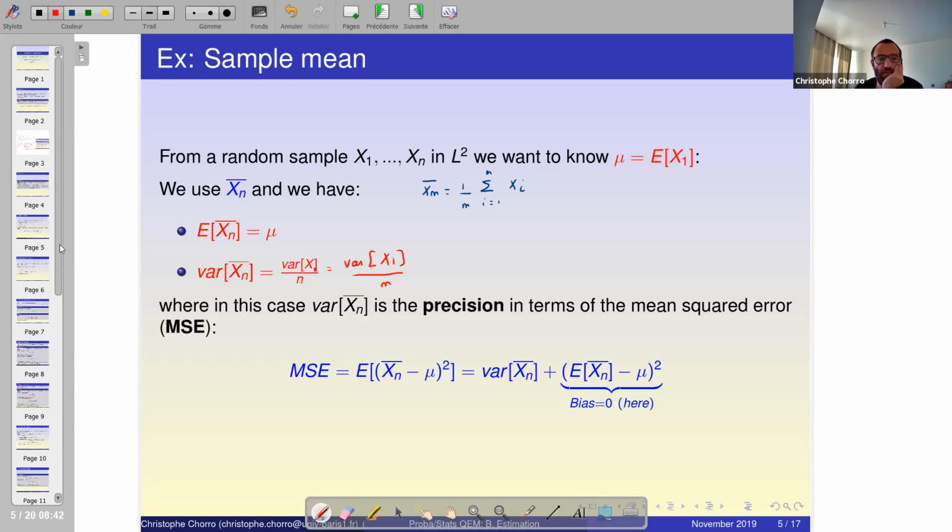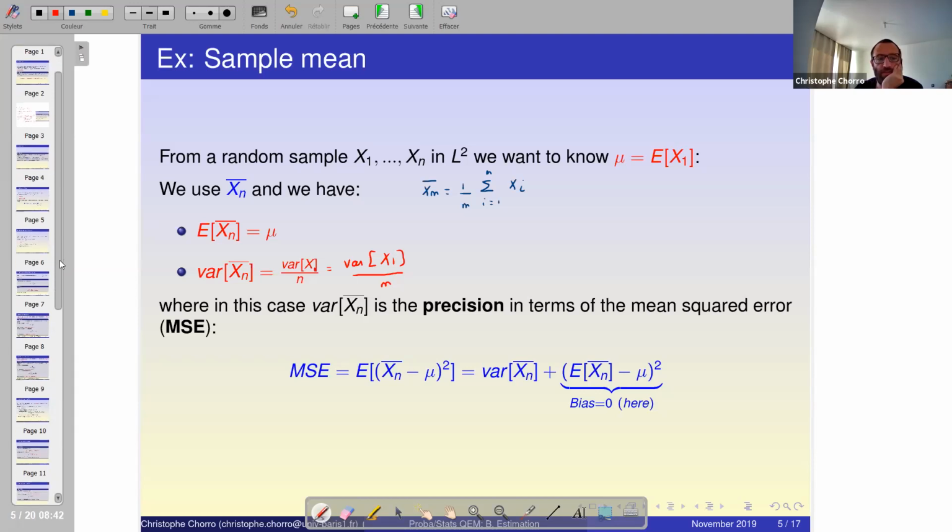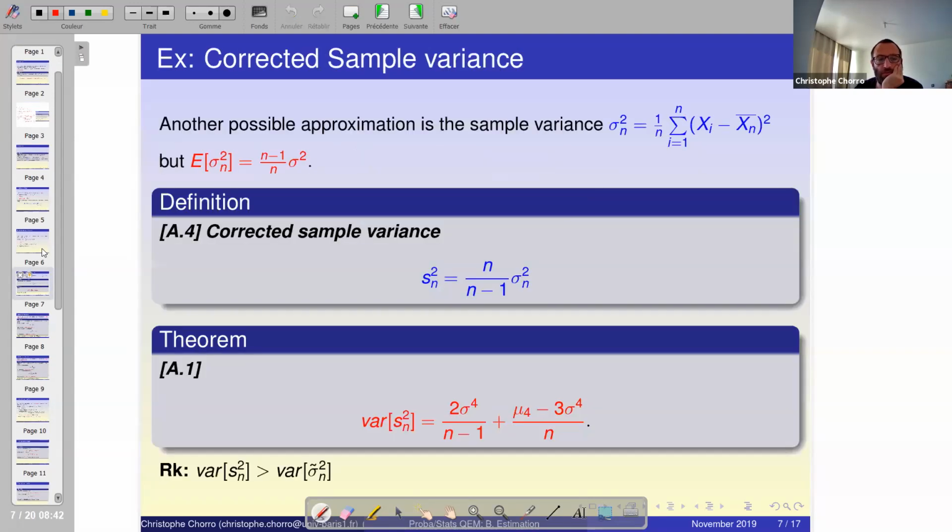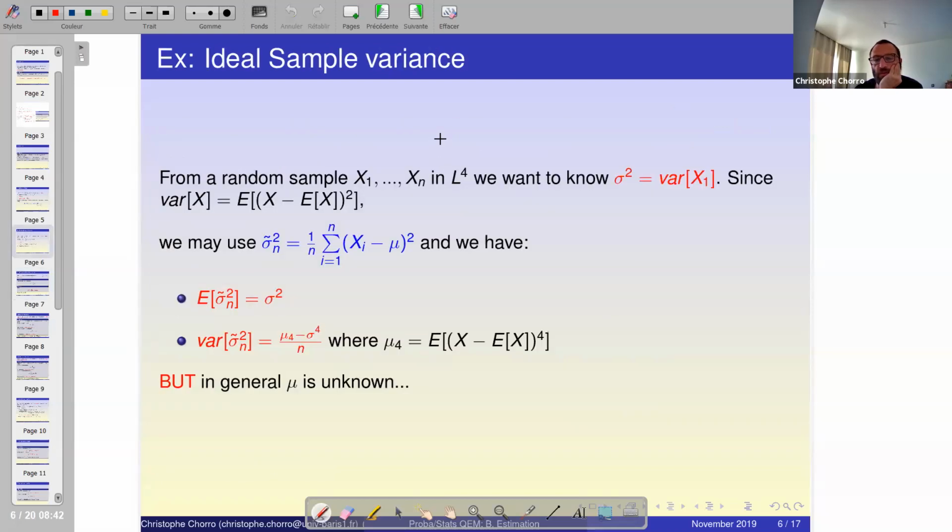So for the variance, we have introduced, in fact, 3 estimators. The first one was the ideal sample variance. So we have here random variables in L4. We want to approximate sigma square, that is the variance of each of them, okay?